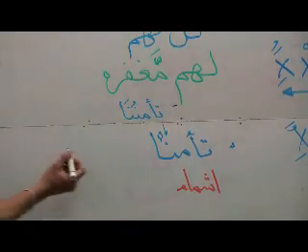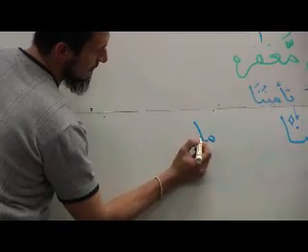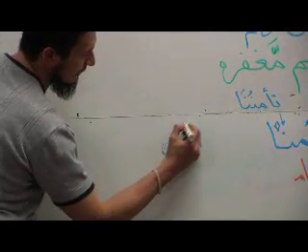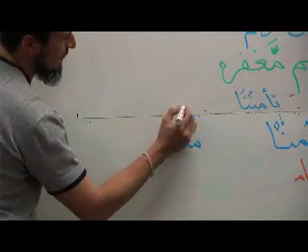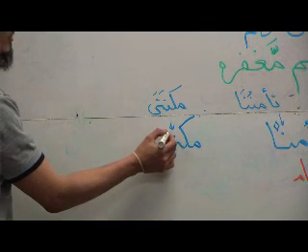What is the other case? Makkanan can become Makanni, which comes originally from makanani. Two fathas after each other, and this just becomes a regular shadda.